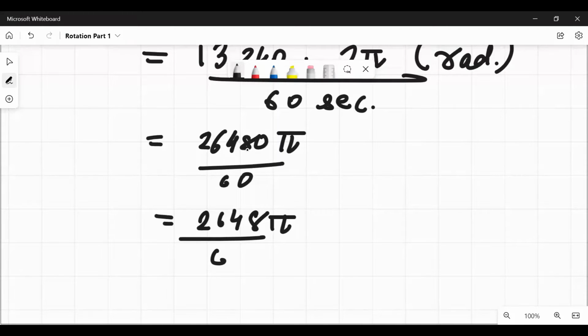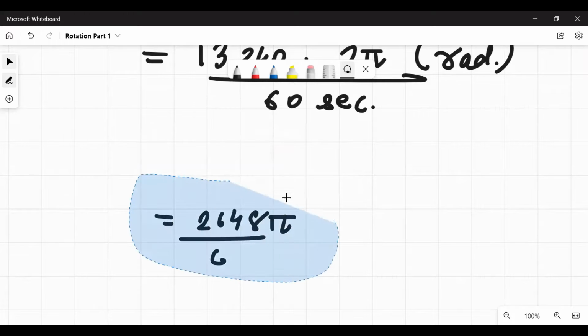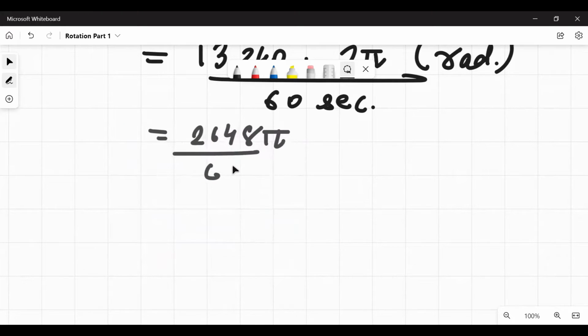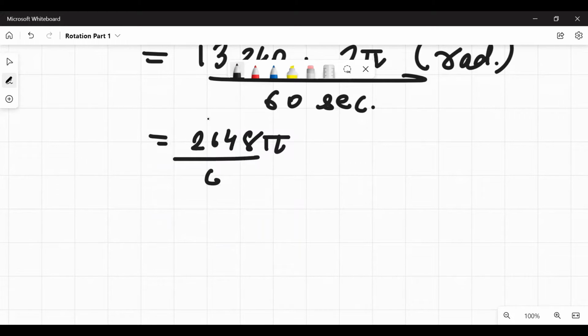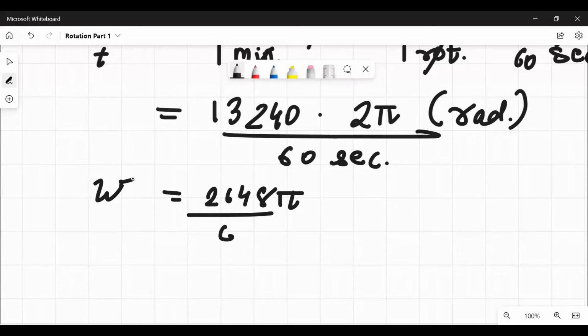Yeah, so we can have it like this, and I can take this off for now. Alright, so we have found our angular velocity, which is right here.